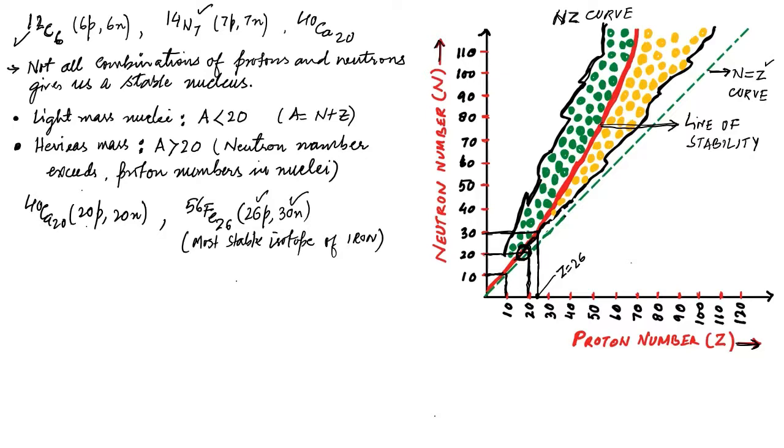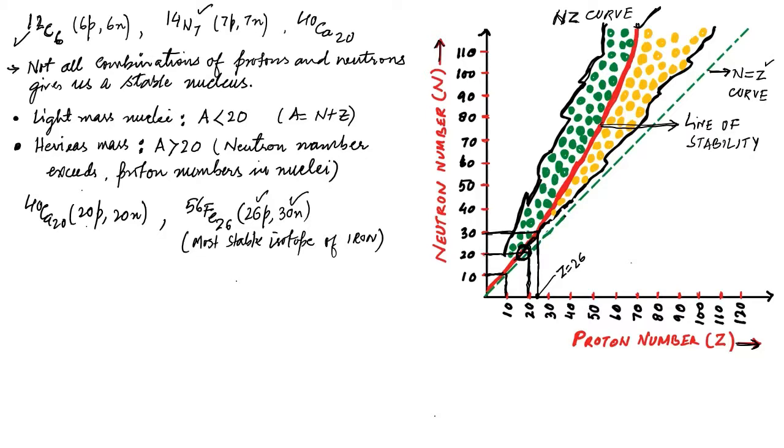In a similar fashion, if we go on increasing the number of protons, then for the nucleus to be stable, it must have more and more neutrons. Those nuclei which sit on this line of stability, this red solid curve, are going to be more stable as compared to their different isotopes.